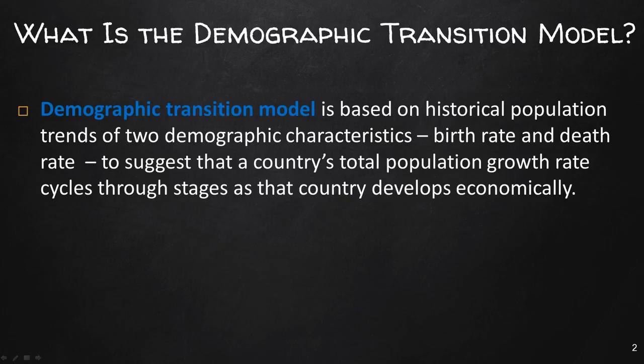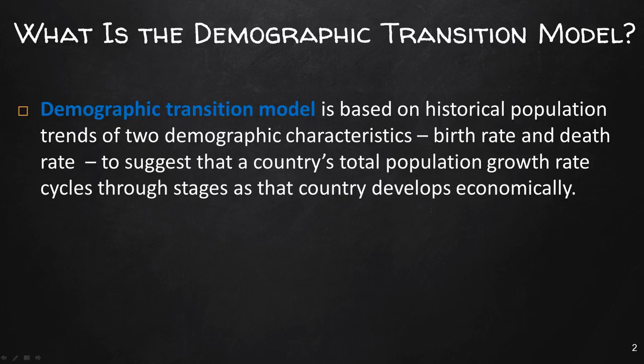Using the demographic transition model, demographers can better understand a country's current population growth based on its placement within one of the 5 stages, and then pass on that data to be used for addressing economic and social policies within a country and across nations.